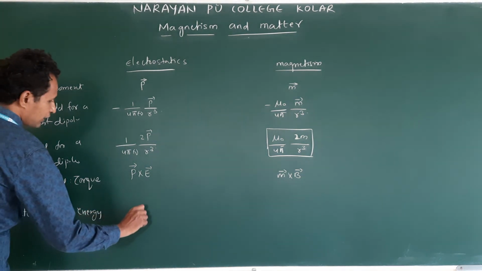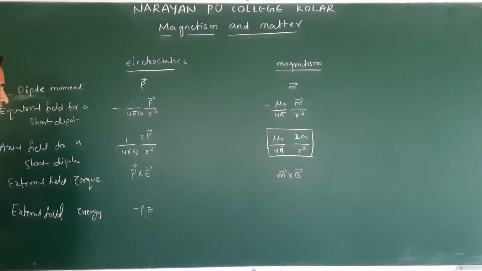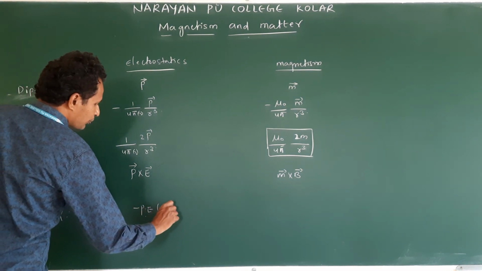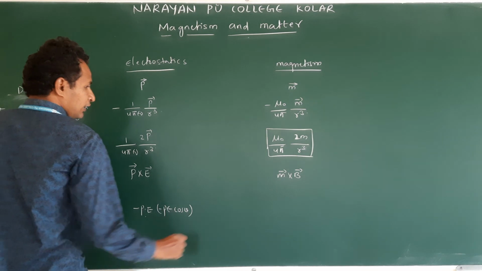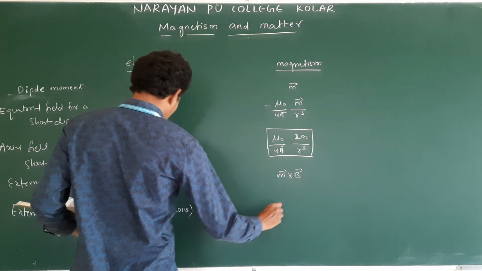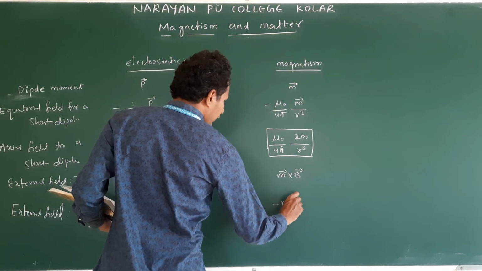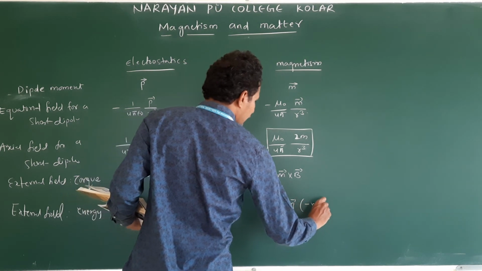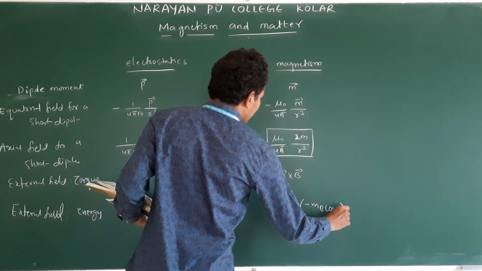What is that? Minus P dot E, or minus PE cos theta. Today we have done this: M dot B, or minus MB cos theta.